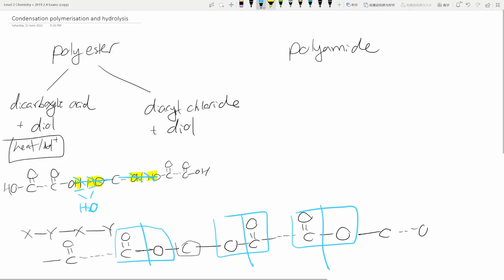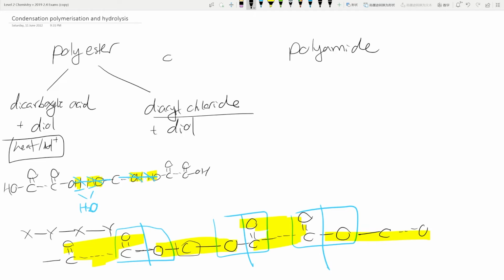You cut between the carbon-oxygen single bond, and you can see this is the original alcohol being repeated, and the dicarboxylic acid is the same. It's just being repeated, and you lose water as a condensate.